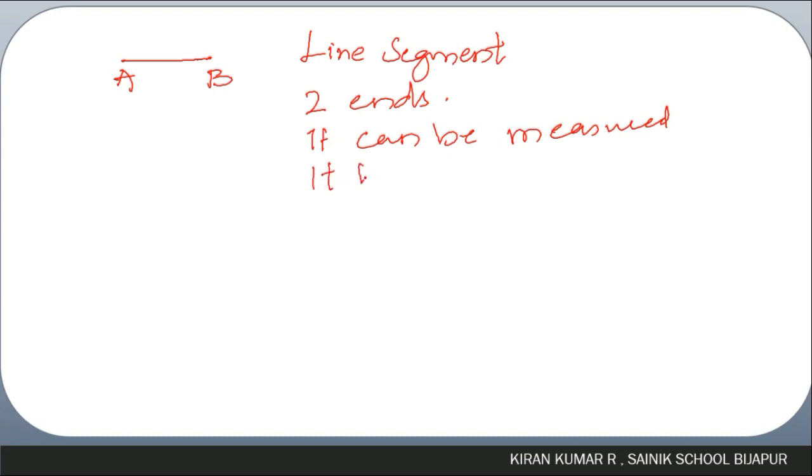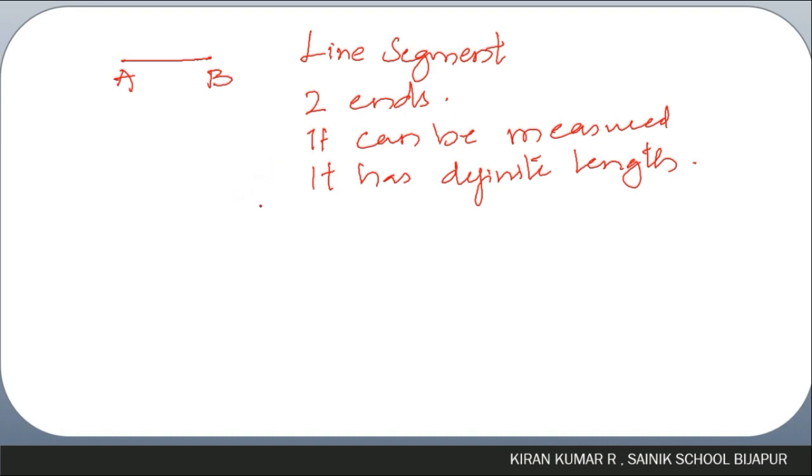It has definite length. So only in our discussion we had the measuring of a line segment, not the line or the ray. We have compared two line segments, not two lines.